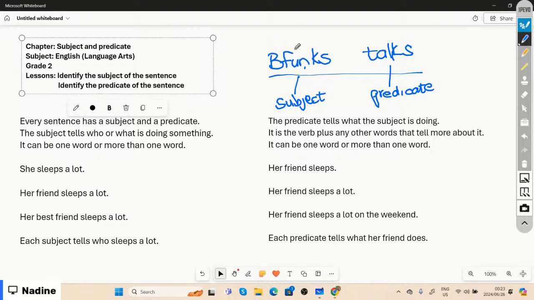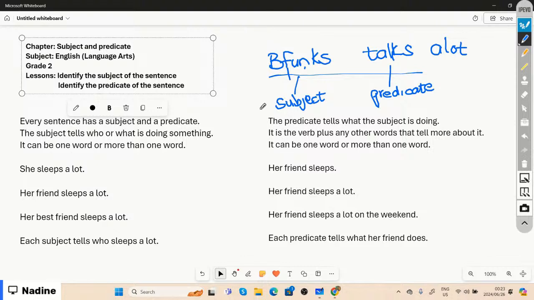So if we were to say that B Funk talks a lot, right? B Funk is still our subject. The subject either tells us who is doing something or what is doing something. That is the subject.